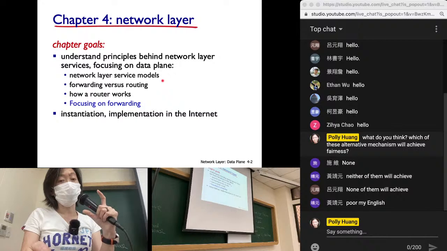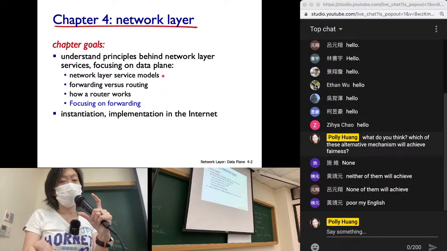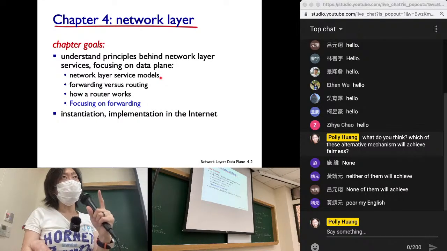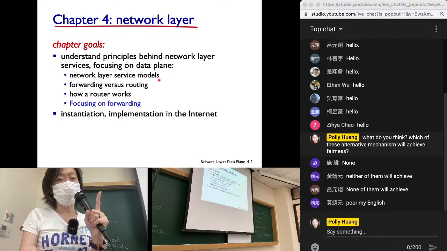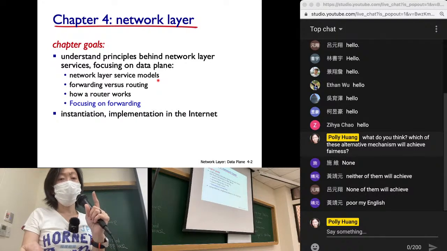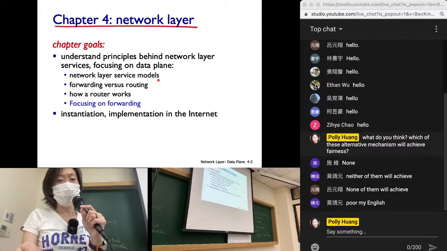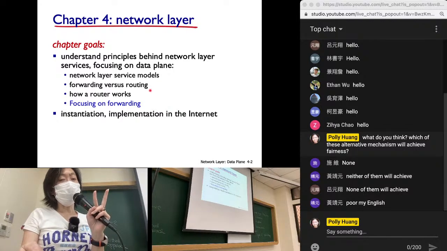So there will also be some service models, just like TCP and UDP, two different models supporting the functionalities necessary in the transport layer. There are also alternative designs, but the internet is one of the service models there. Two major functionalities in general: forwarding and routing.